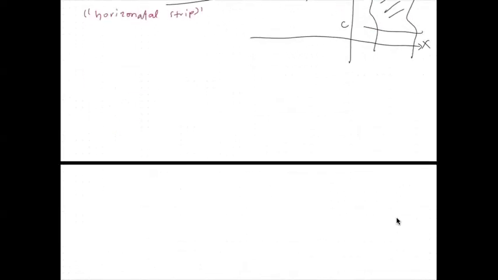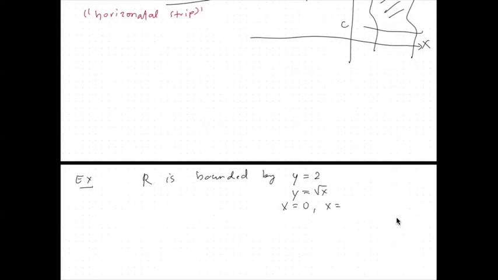The first example is the following. It's easy because the graph is given. Suppose R is bounded by the equations y equal to 2, y equal to root x, x equals 0, and x equal to 2.